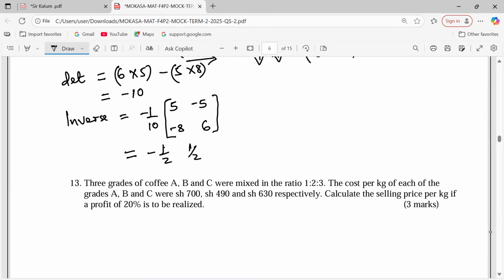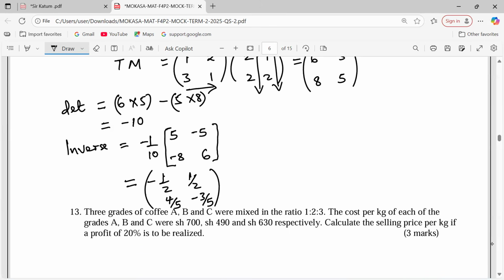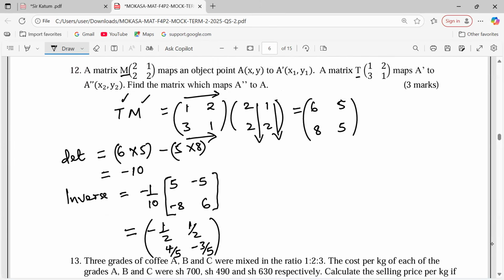Then on the denominator, we shall have 4 over 5 positive, because it's already negative 10 over negative 10, and positive 8. So positive 8 over 10, which is 4 over 5. And the next one shall be negative, because it is a positive number, 3 over 5. Ladies and gentlemen, this is the matrix which the examiner wanted to see.